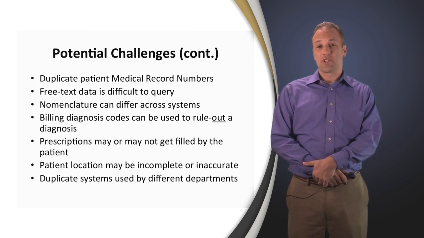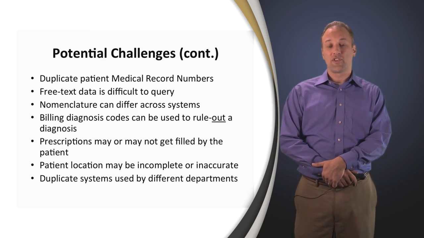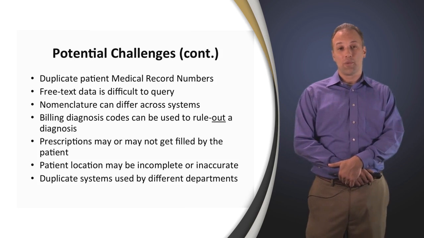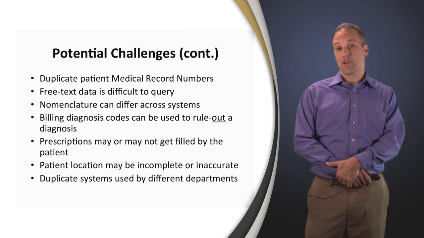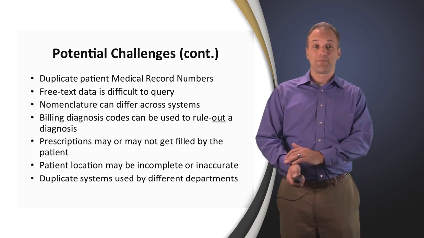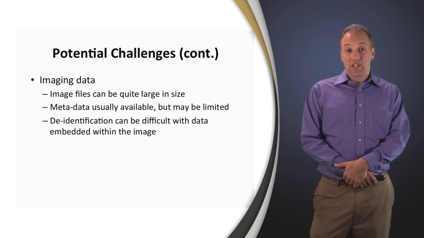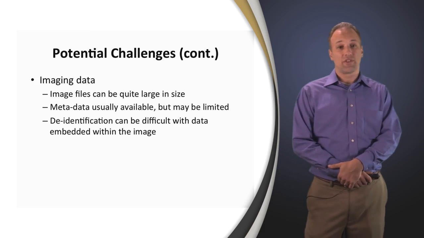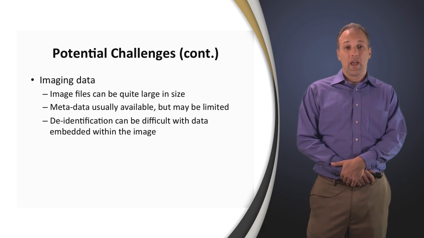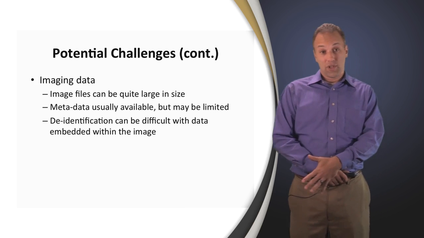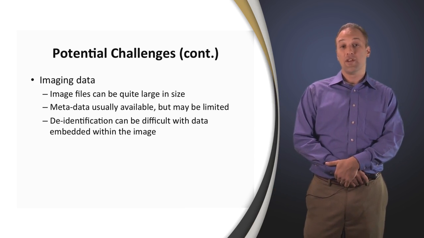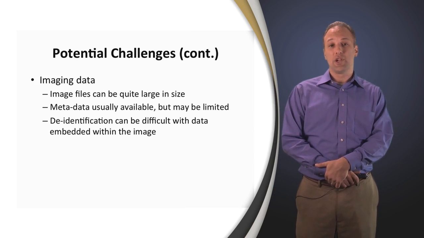So there might be some challenges in obtaining a set of data from multiple systems that should be the same, but would potentially be different based on different vendors being used. With imaging data, imaging files can be quite large in size, and that takes a while to transfer. And the metadata are usually available in the envelope that the imaging files are contained in, but this can be limited and may or may not meet your needs.